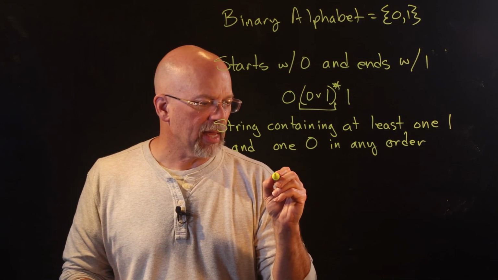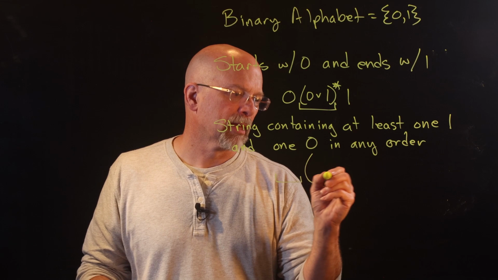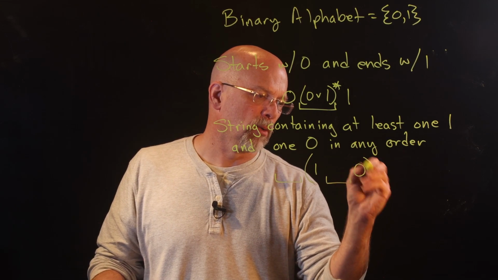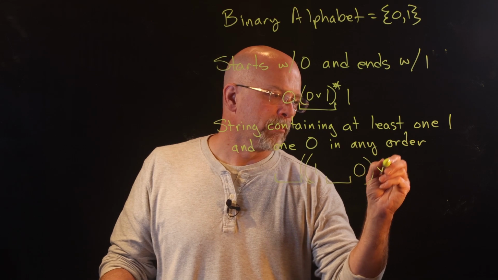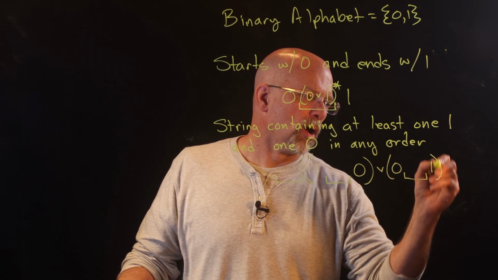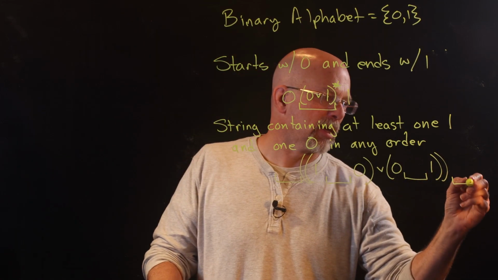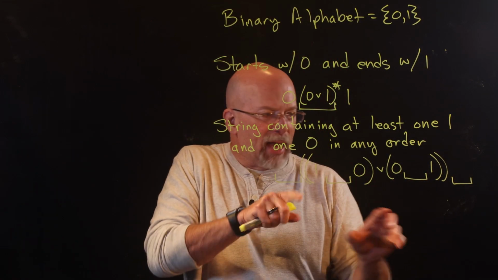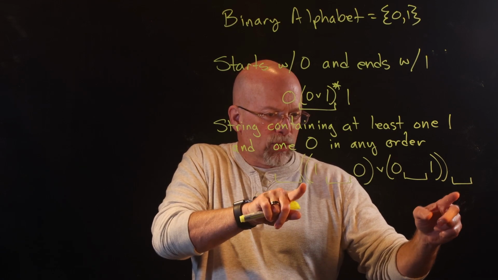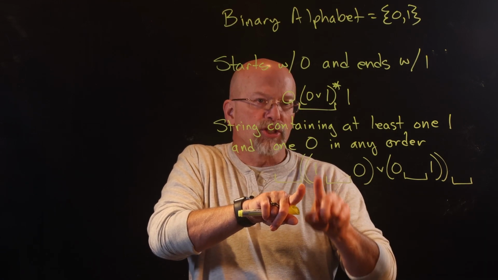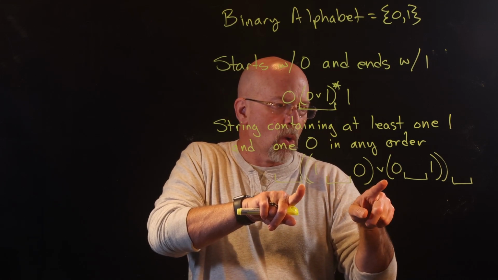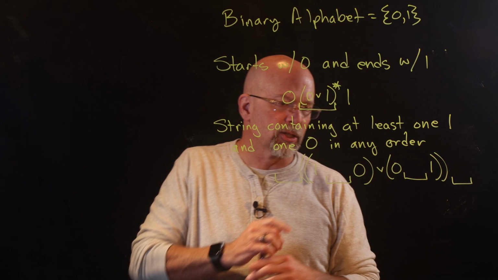I could say any binary string followed by a 1, any string, 0, or a 0, any string, followed by a 1, and then followed by any string. So what you've got is any binary string, any binary string, and in between them, I either have a string that starts with a 1 and ends with a 0, or a string that starts with a 0 and ends with a 1.